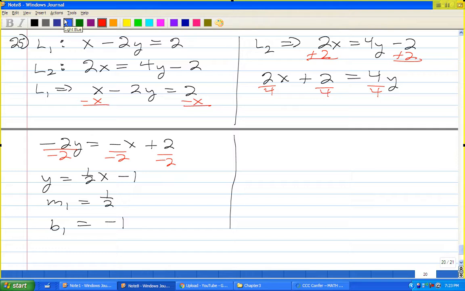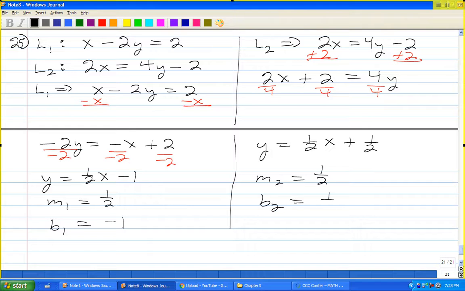And so I get that y is equal to 1/2 x plus 1/2. And so the second slope is 1/2, and the y-intercept is 1/2.